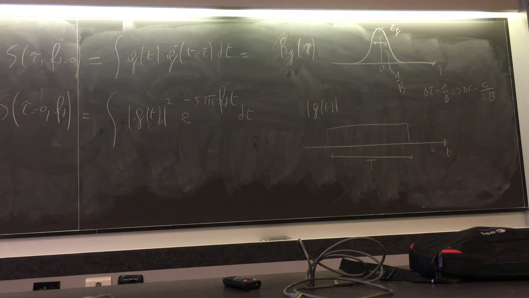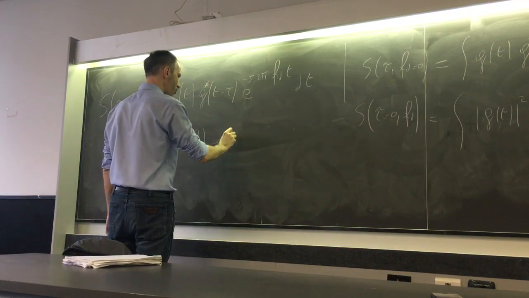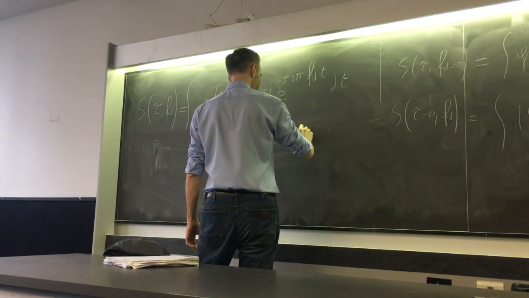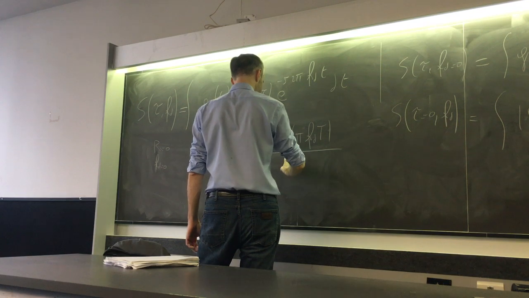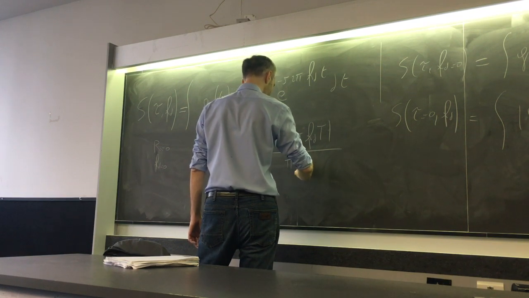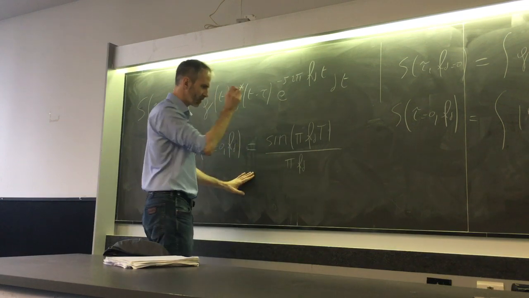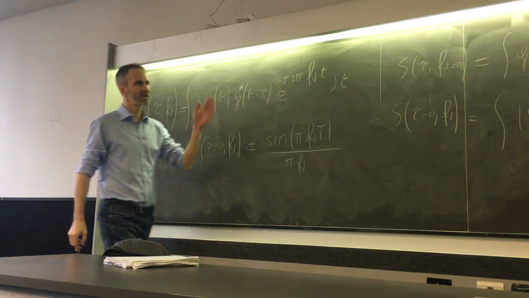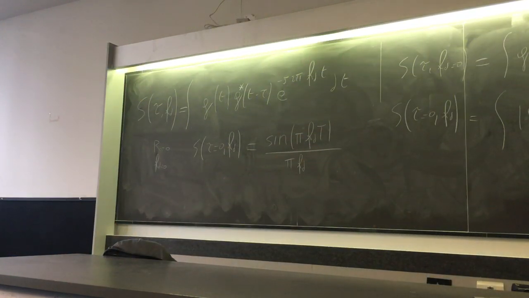Let's write it here. This is proportional to a cardinal sine. This is equal to a cardinal sine. And so this is the section for Fd equal to 0.